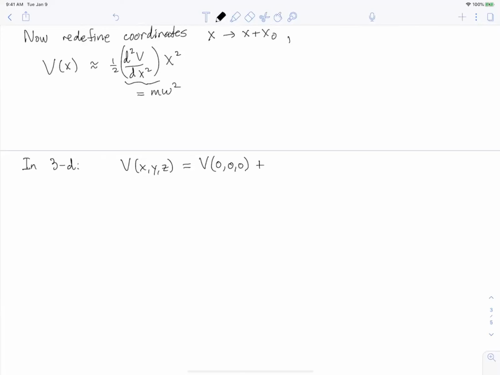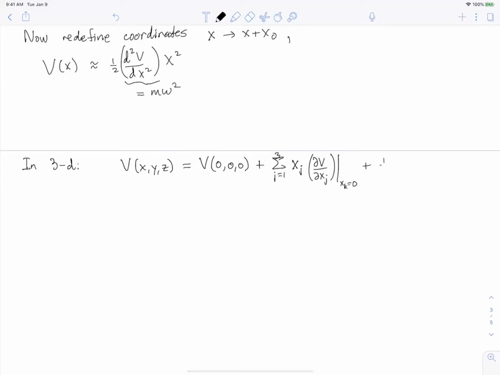There's a term involving first derivatives, but now I have to do a sum over the coordinates x sub j times their respective first derivatives, where I've evaluated all of these at x_k equals 0.